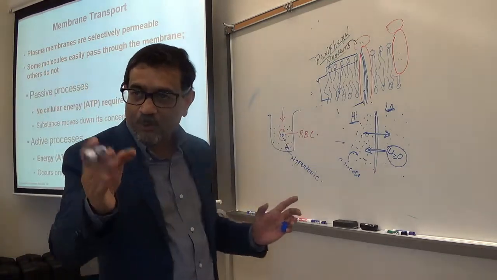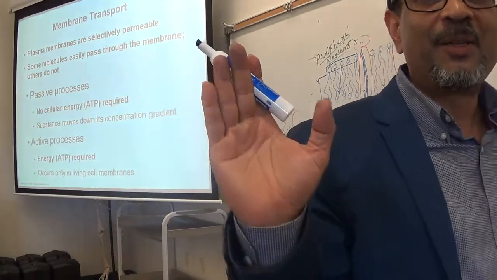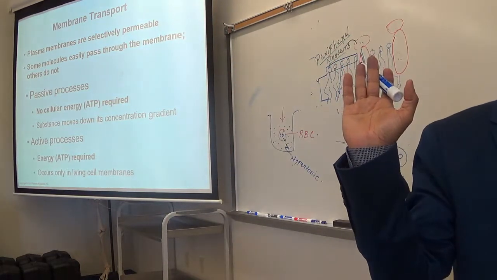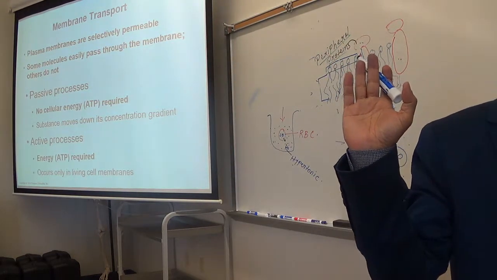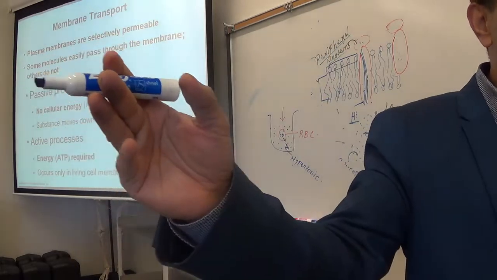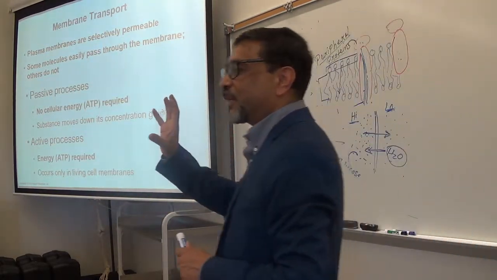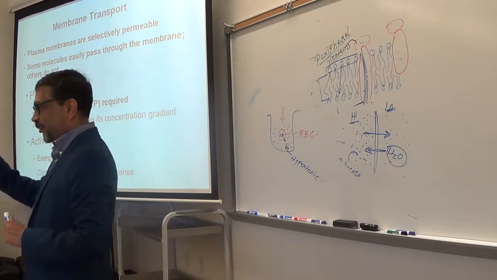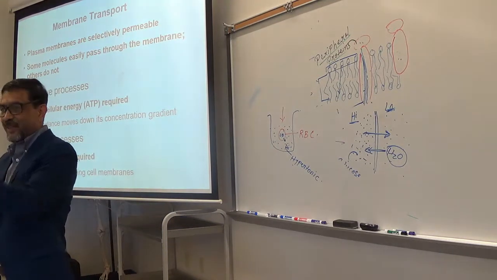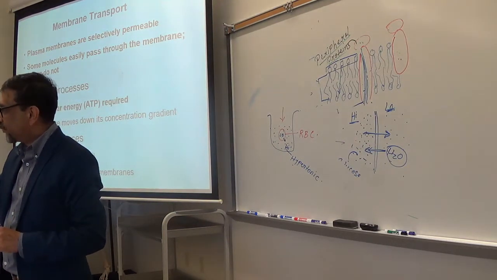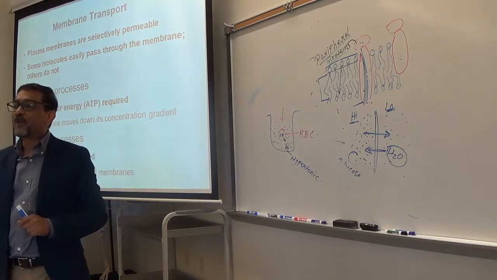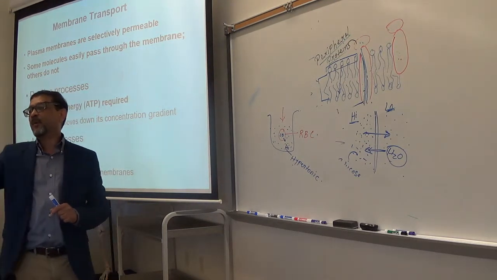Water will move from low to high. So in this case, low is where? Inside the cell. So water will get out, right? So the size of the cell will get bigger or smaller? Smaller. Makes sense? Water is leaving. So gradually shrink. So in hypertonic solution, the cell will shrink.